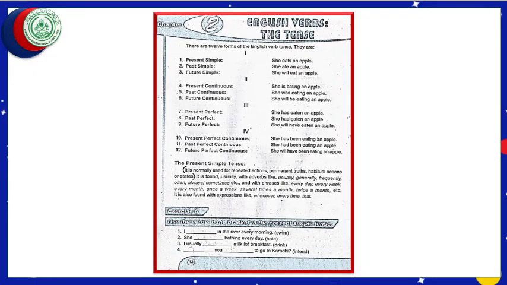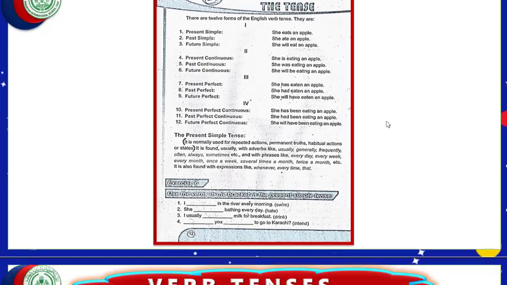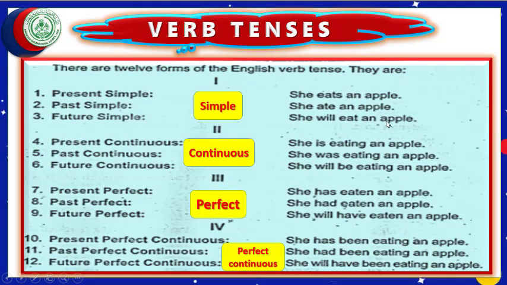I have changed it a little to increase the visibility because it is written so small. On the next slide, I have written the tenses only. These sentences I have written on the next slide to see it more clearly.